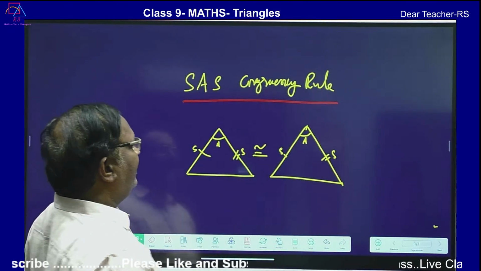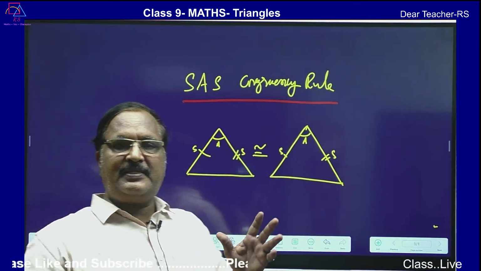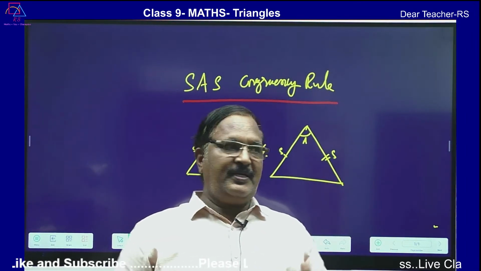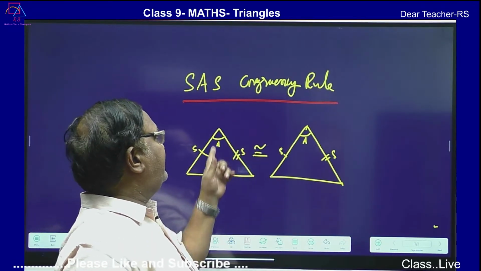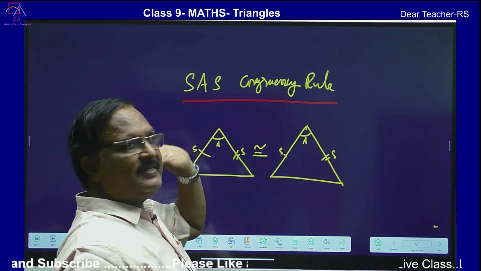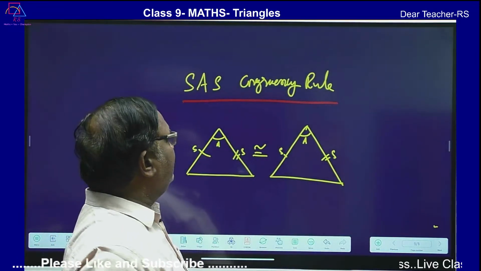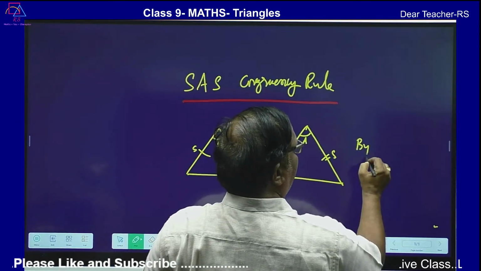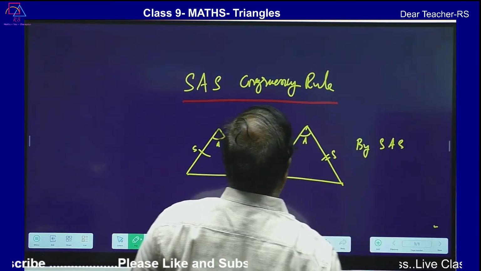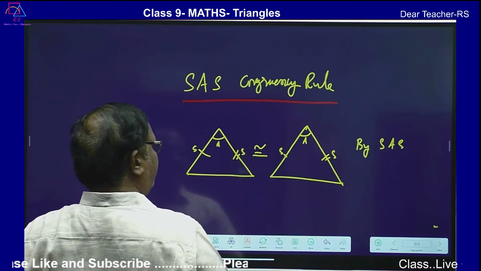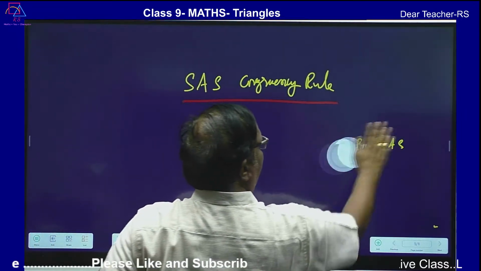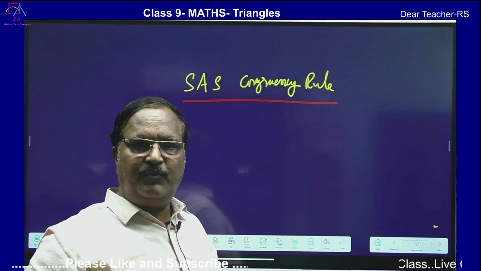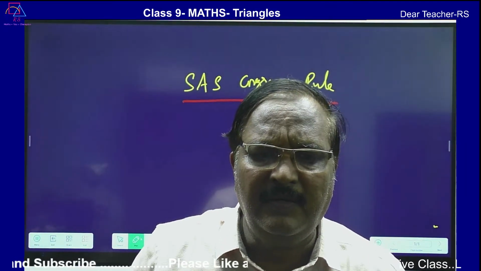So these two triangles are congruent. That means angle is included between the sides. So if this angle is included between the sides, angle should be in between the sides, then SAS can be applied. These two triangles are congruent by SAS. Okay. For example, I will give one more, how SAS cannot be applied, that I am going to tell you.